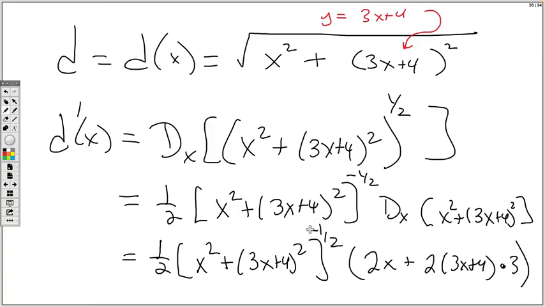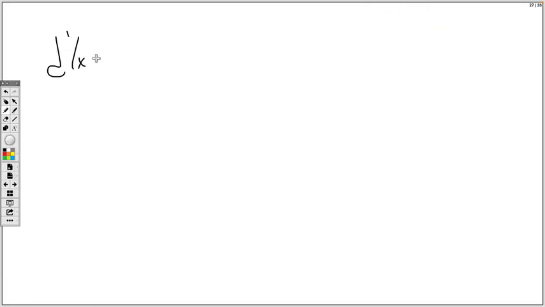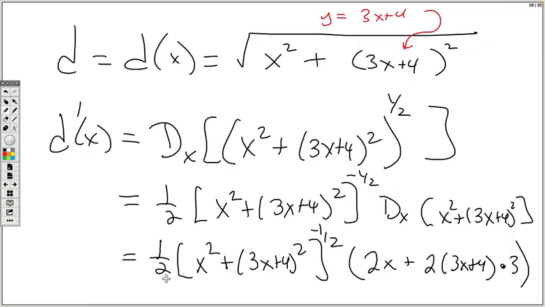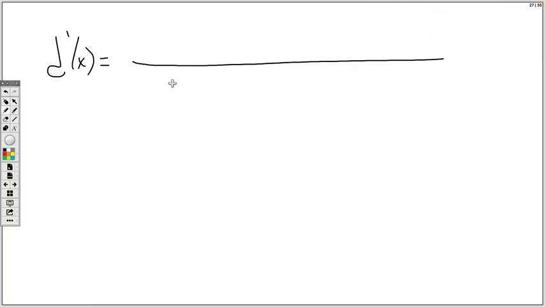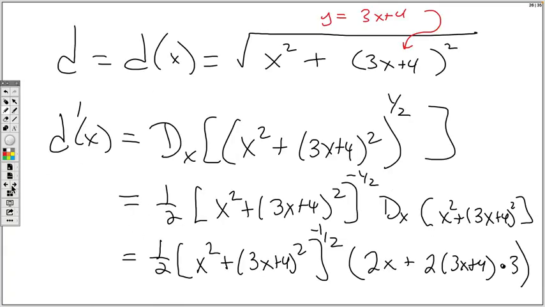Okay, now we notice we got a negative exponent there, so we're going to have to put that where it belongs, which would be down in the denominator. We're going to have a denominator. I got a 2 down there already. And I got all this thing.